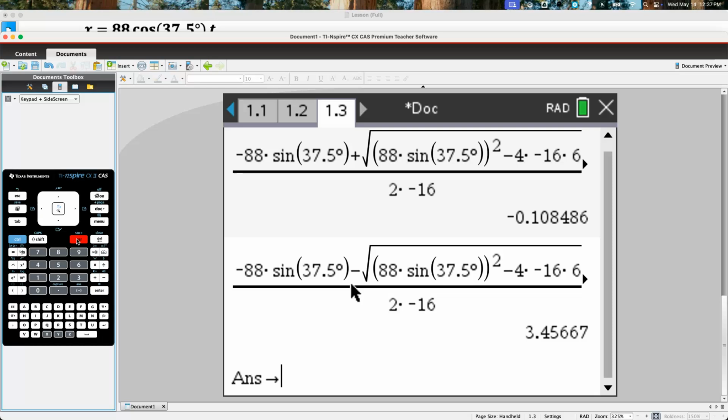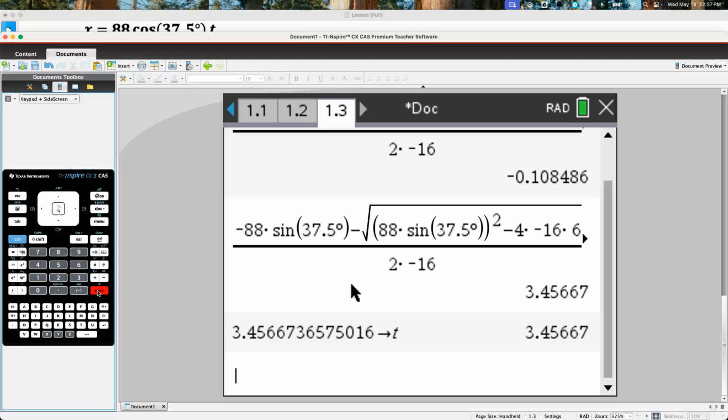What do you want to choose? You got 26 choices that you can choose to store it as. You just got to remember it. I'm going to go with T because that makes it smart to me. Okay? And then when I hit enter, it took this huge number, and it stored it as the letter T. So now if I need to use that number, I can just type in T and I don't have to do anything with it.